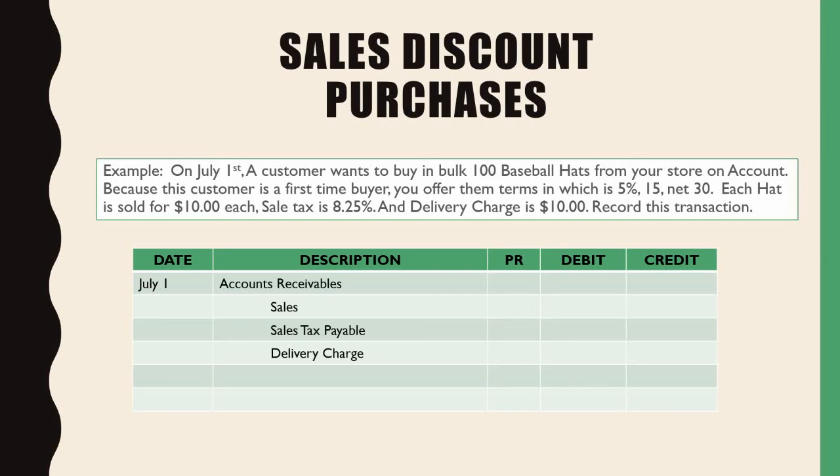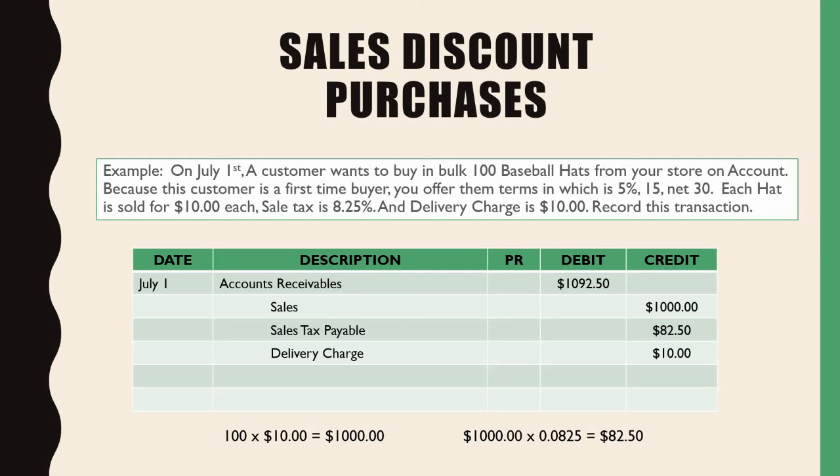So again, we're going to have your accounts receivable because they're paying on an account. They're receiving the 100 hats at $10 each, which is $1,000. You're going to charge sales tax on top of that, which is 8.25%, which gives you $82.50. And then you're going to tack on the delivery charge at the end, okay?